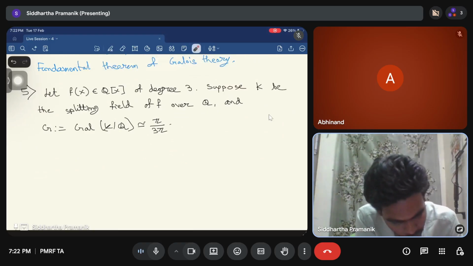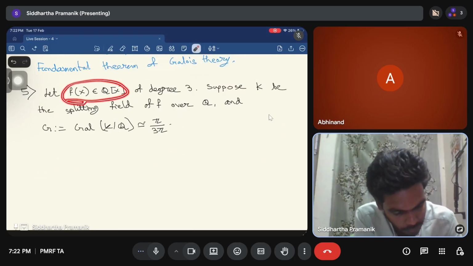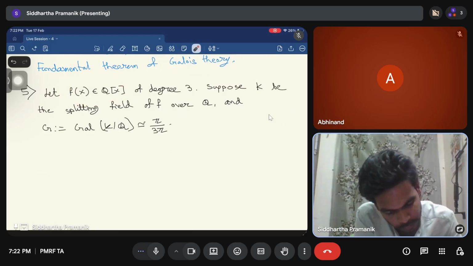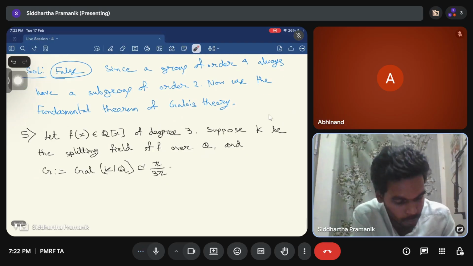So we are taking a polynomial of degree 3 and its splitting field, and saying that the Galois group is isomorphic to Z mod 3Z.